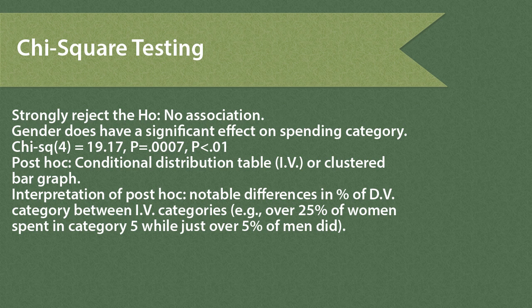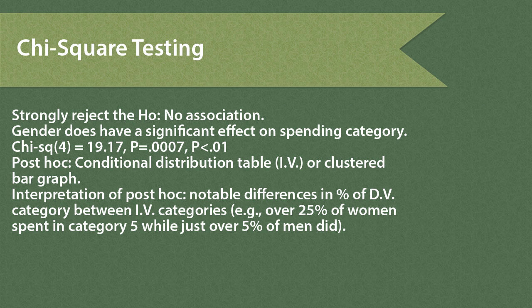So stating our results formally for this chi-square test of independence, we could say that we strongly reject the null hypothesis of no association between these two variables. Gender does, we could conclude, have a significant effect on spending category.